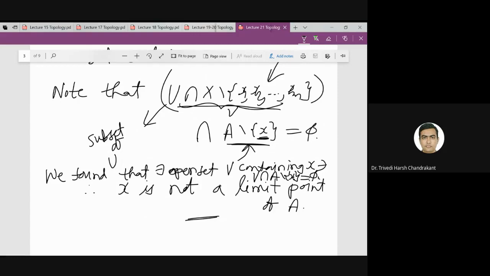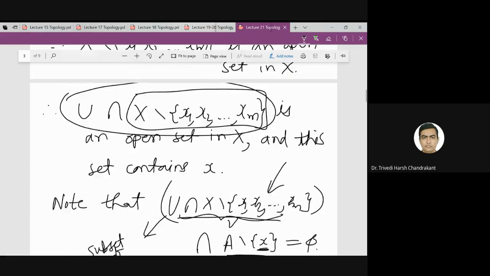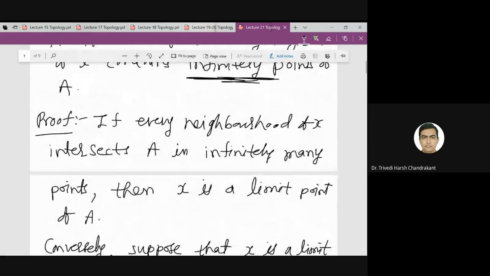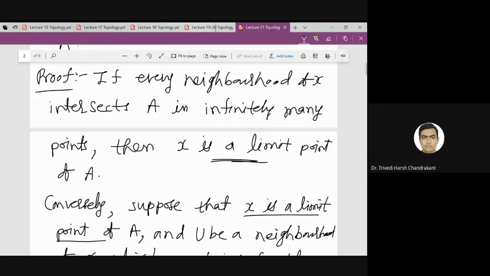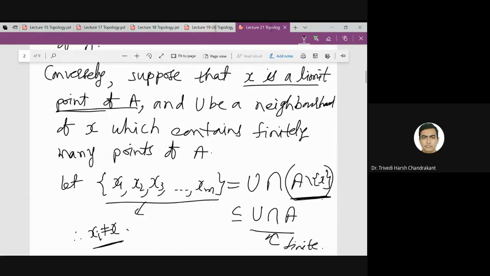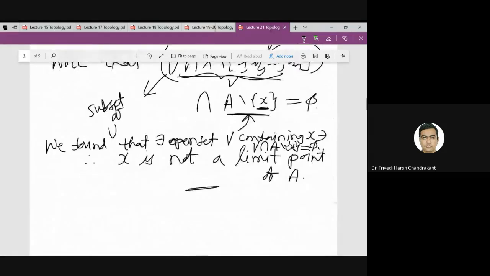So now this is a contradiction, because we already started with the assumption that X is a limit point. We started with X is a limit point of A, and then we proved that by removing the point X we are getting a neighborhood which is not intersecting with A other than the point X. That means X is not a limit point of A, which is a contradiction.